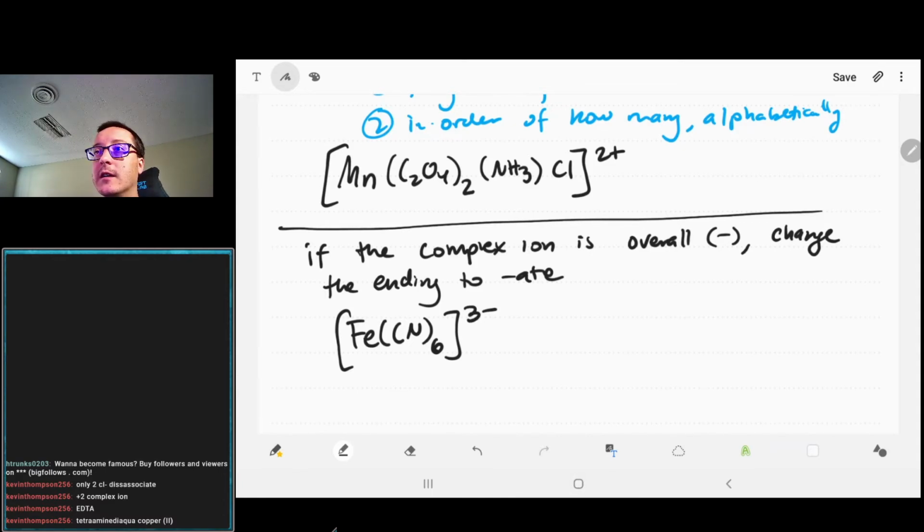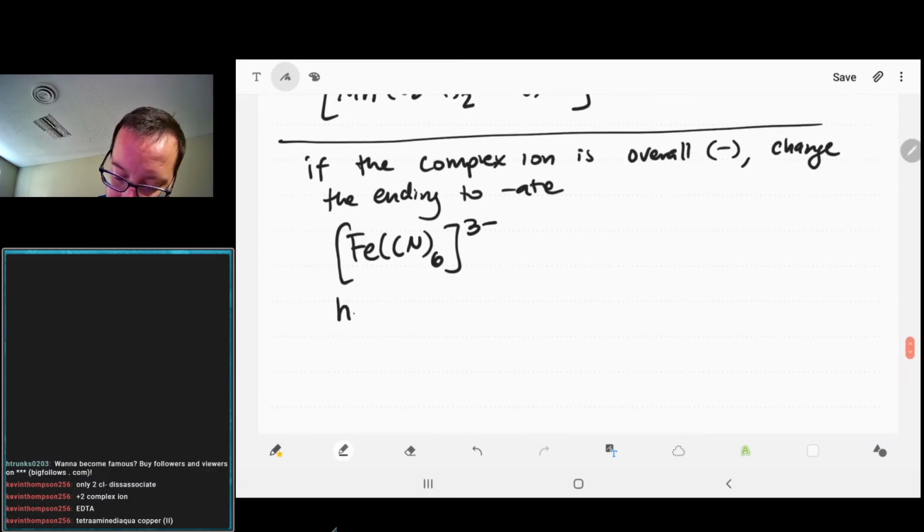And actually, do I want to do iron? It's kind of a crappy one. Okay, well, whatever. I guess I have no choice. This is a very common one anyway. So with this, we're going to see that this would be hexacyanoiron(III), right?